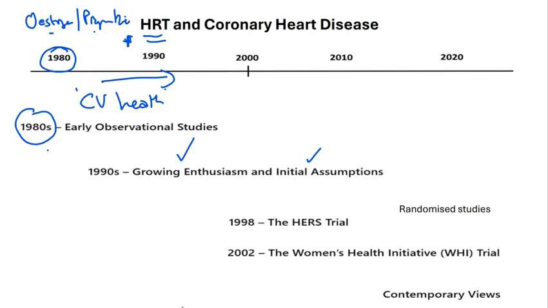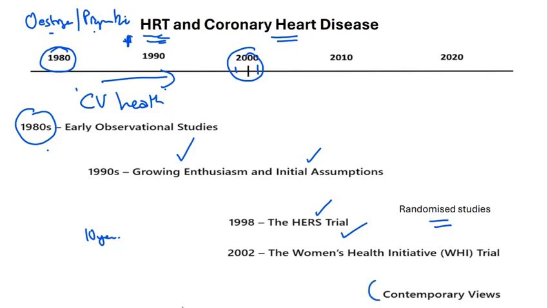However, at the turn of the millennium, just before and after, there were a number of randomized trials, the HERS trials and the WHI trials, Women's Health Initiative trials, and these produced evidence that suggested that these presumed benefits were not warranted, and indeed there was some suggestion that where a person had gone 10 years past their menopause, using HRT could actually accelerate coronary disease.